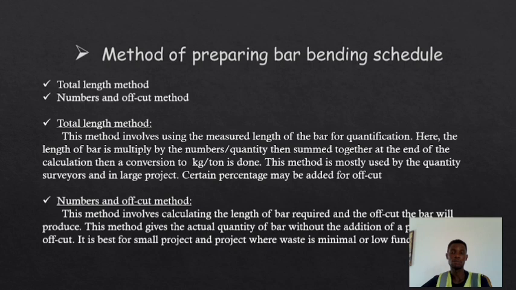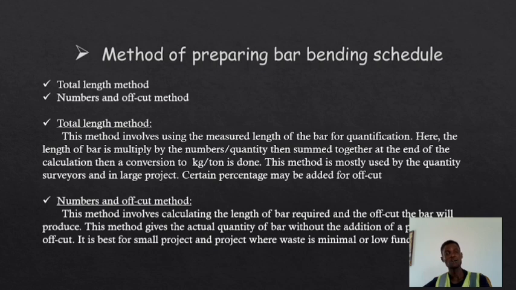Let's say you need a 3.5 meter reinforcement and you need probably 10 of it. You just do 3.5 multiplied by 10, which is 35 meter. That is what I mean by the total length method. This is the method everybody uses in doing bar bending schedule.